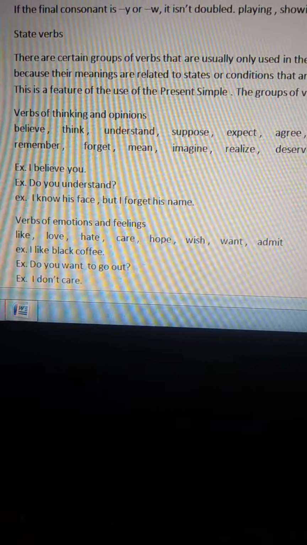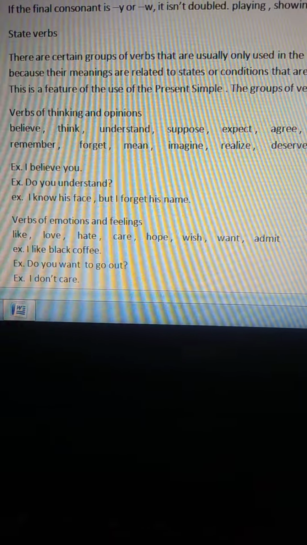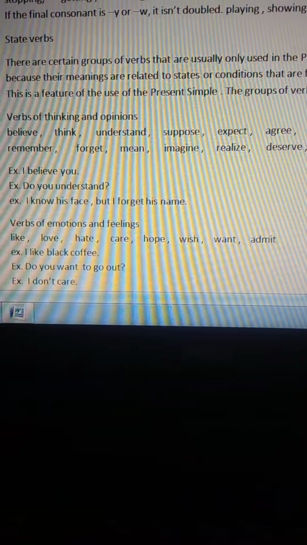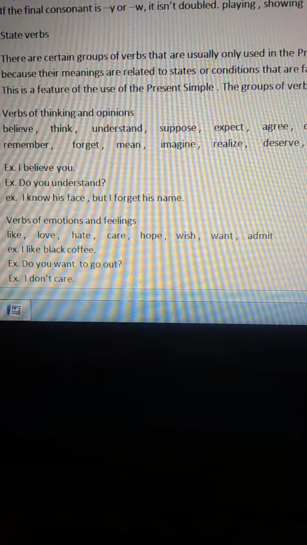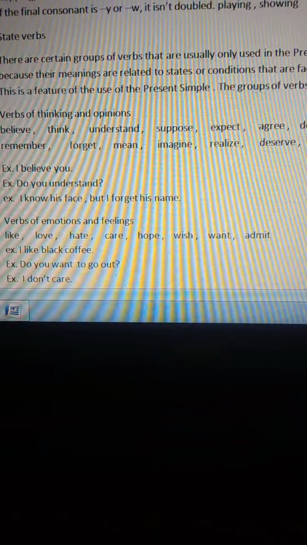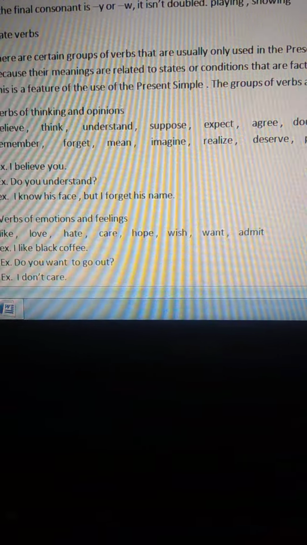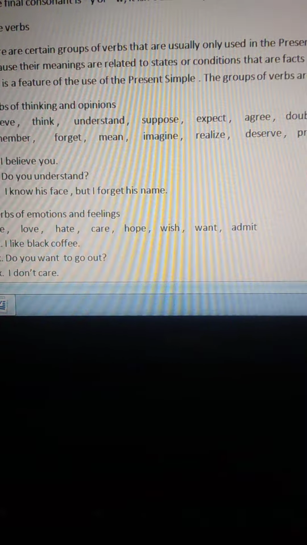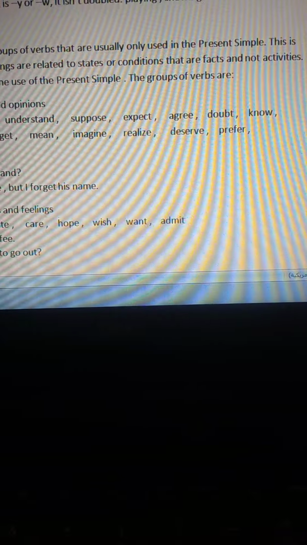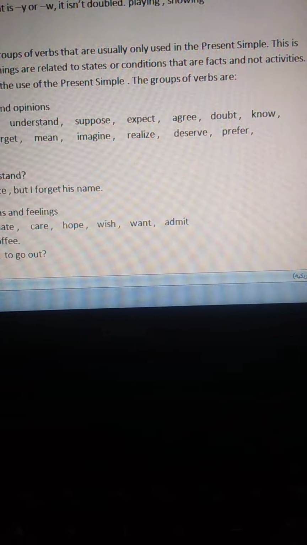State verbs. There are certain groups of verbs that are usually only used in the present simple.